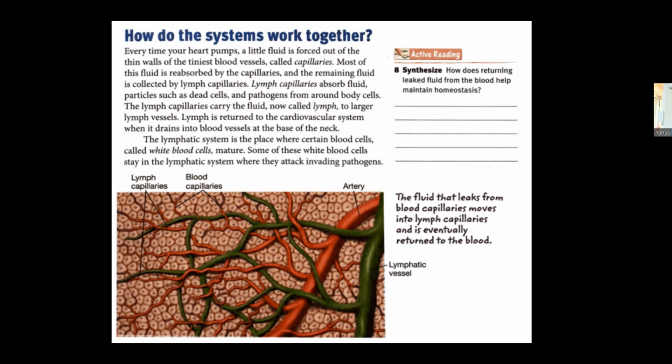So the cardiovascular system has the blood that takes oxygen all over the body, but some of that fluid leaks out in between all these cells here. And so we have to have a way to take that leaked fluid and return it back into the blood. The lymphatic system picks it up, cleans it, and then returns it back into the blood.